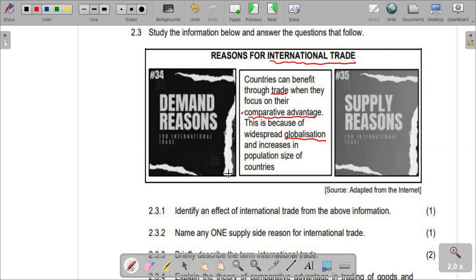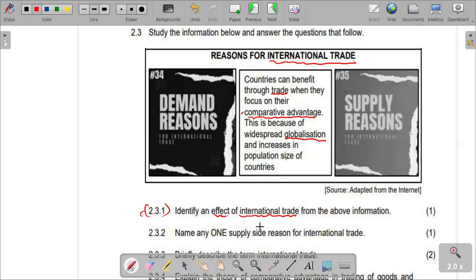As we move on to 2.3.1, it says identify an effect of international trade from the above information. Guys, I told you, remember to learn to understand the question before you answer it.